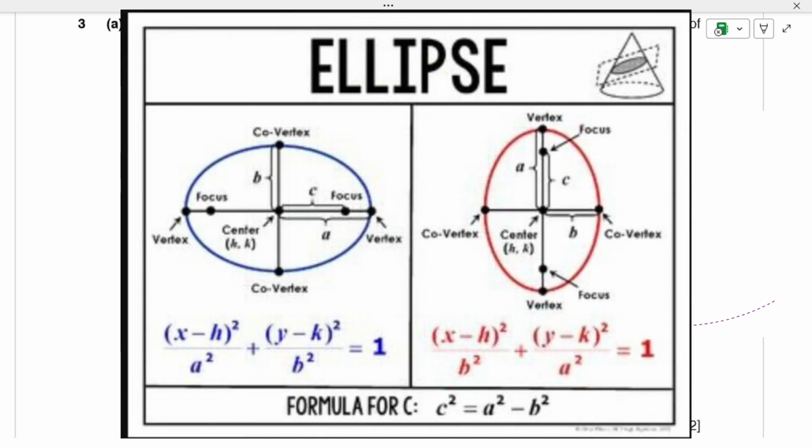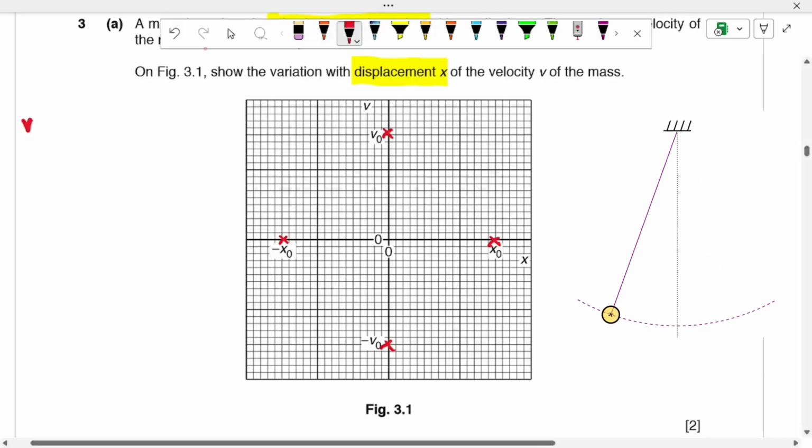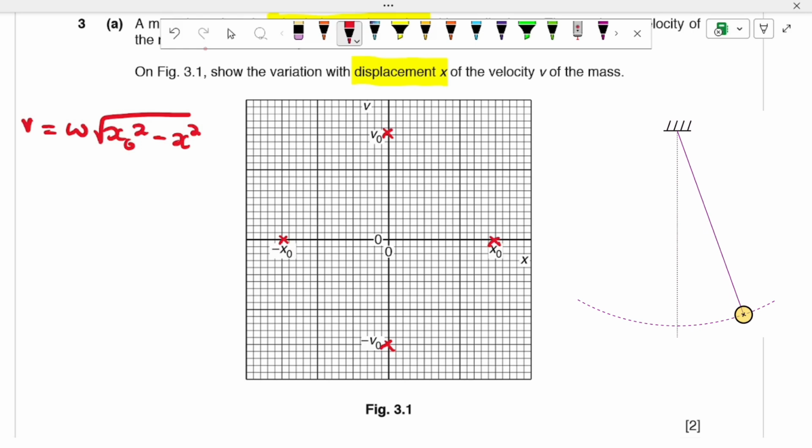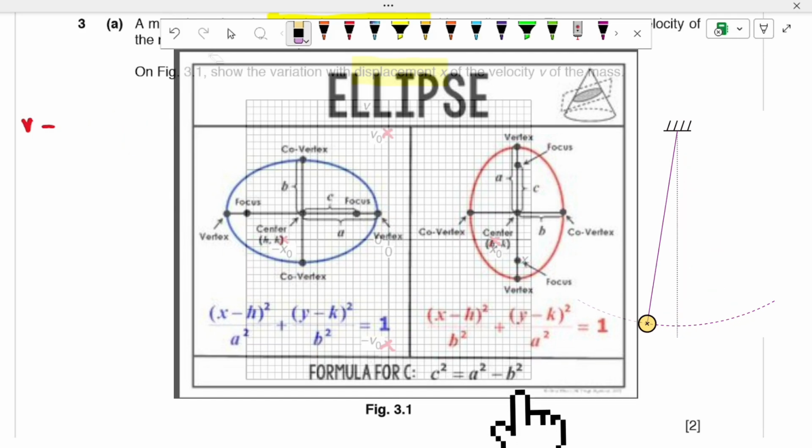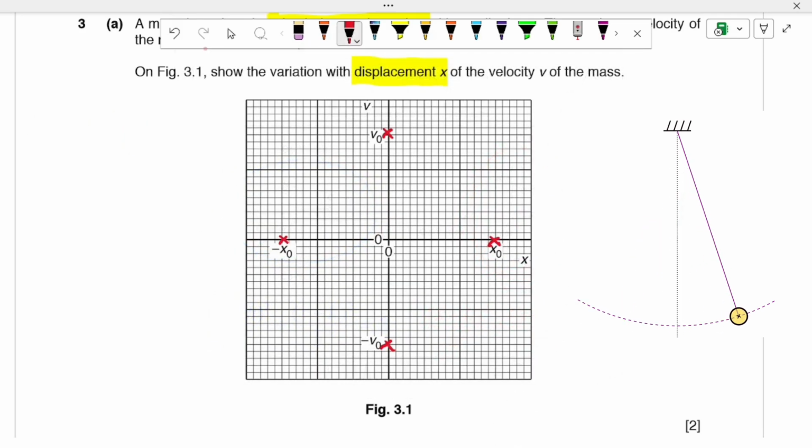The relationship between the velocity, we're asked to know, is v equals omega times the square root of x naught squared minus x squared, the maximum displacement squared minus the displacement squared. What I just want you to know is that this relationship is the equation of an ellipse. It can be rearranged into the form of the equation of an ellipse. We're not going to go through how we do that, but what you need to draw here is an ellipse. So for this one, I'm just going to ask you to take it with a grain of salt. But if you need to understand, put it in the comment section below.